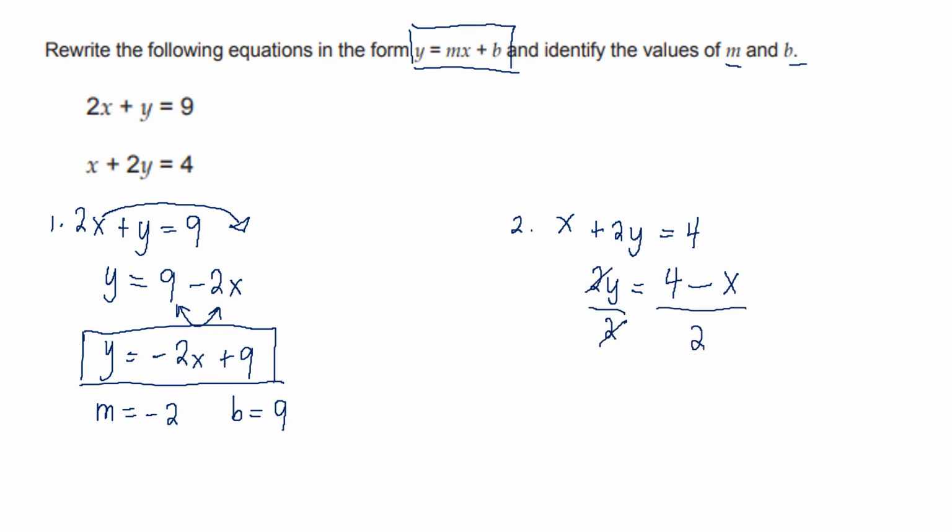So 2 and 2 cancels. What remains is y. And then we'll split this one into two fractions. So we'll have 4 over 2 minus x over 2. 4 divided by 2 is 2. And then I can just make this as a minus 1, which is the coefficient of x, and the denominator 2, and then put x beside it.